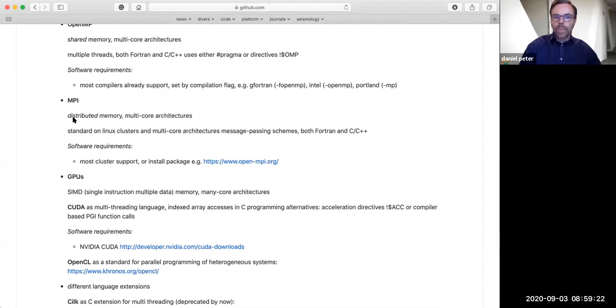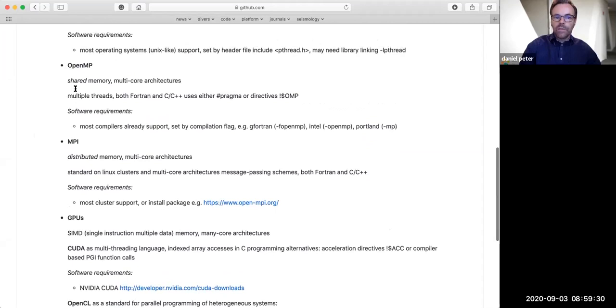MPI, again, is a way of parallelizing things, and the main difference between OpenMP and MPI is that OpenMP works if you run on a single node with shared memory, where all the cores share the same memory, basically have access to the same memory. With MPI, it doesn't matter anymore where you are running the computation. You distribute onto multiple compute nodes.